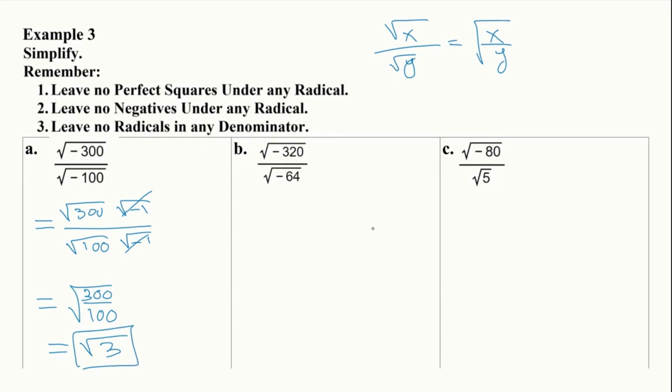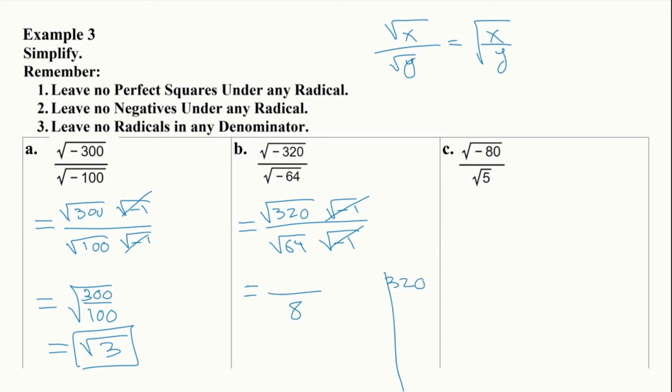All right, how about this one? Well, square root of 320 times square root of -1 over square root of 64 times square root of -1. Again, the square root of -1's cancel. Now down below, I just have an 8, right? So I just need to figure out the prime factorization of 320.